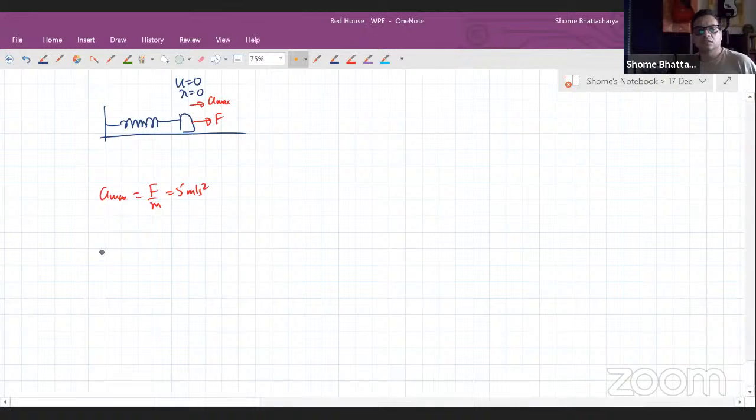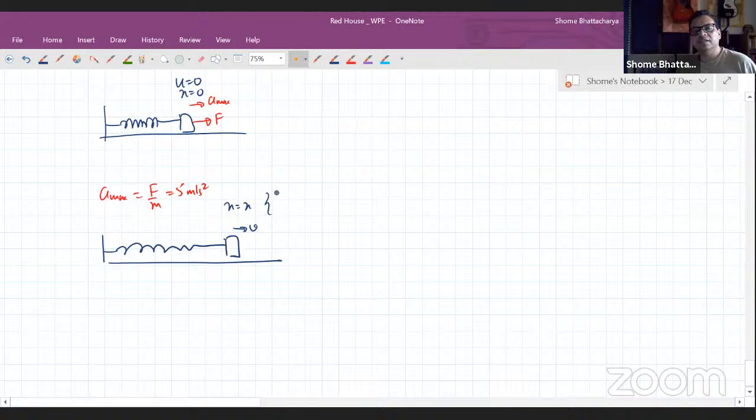Now from here, suppose we are at some value like this. Okay, so by now it's got some speed v, but it's also got some x, but it is such that suppose kx is still less than F. Okay. So if you calculate this kx being less than F, you will get the condition that x is less than 2 centimeters.